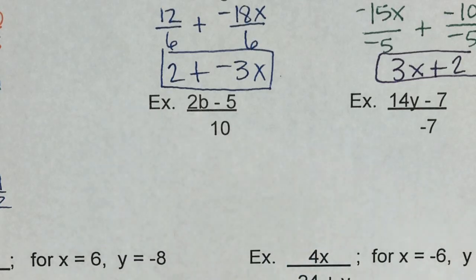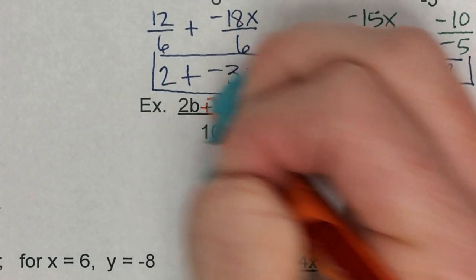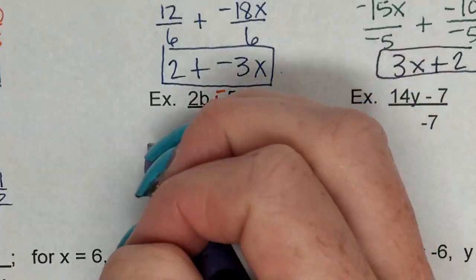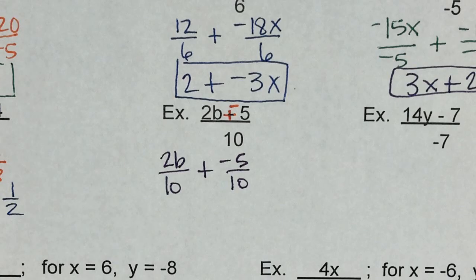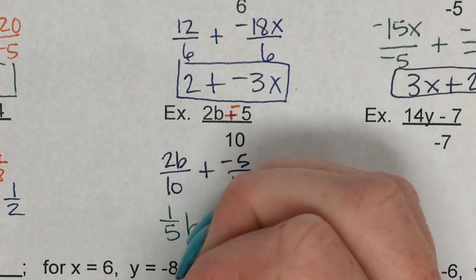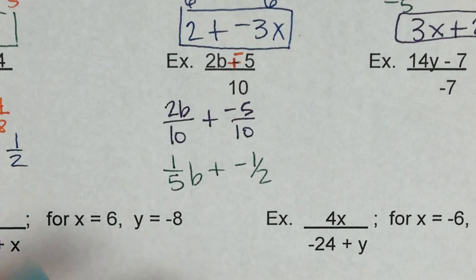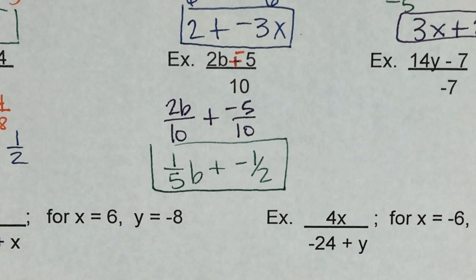All right, try this one. Did everybody get 1/5 b plus negative 1/2?